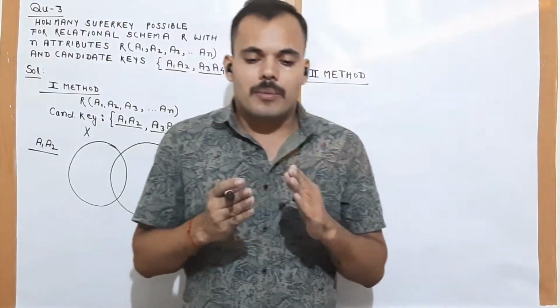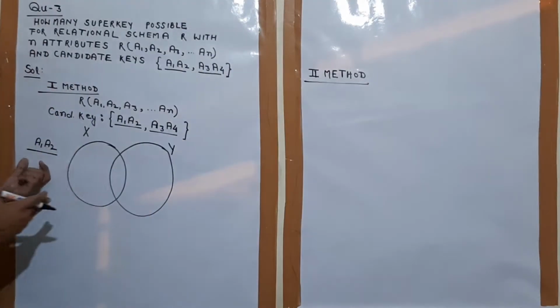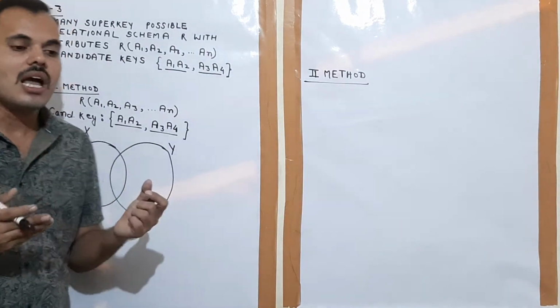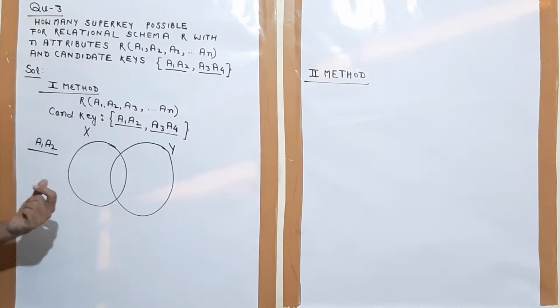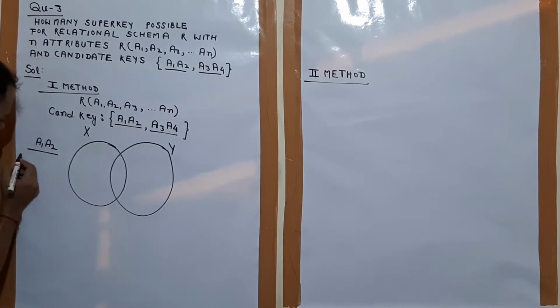Now, 0 or more other attributes. When A1, A2 is a candidate key, how many attributes are there? Two attributes, A1, A2. What are the other attributes?